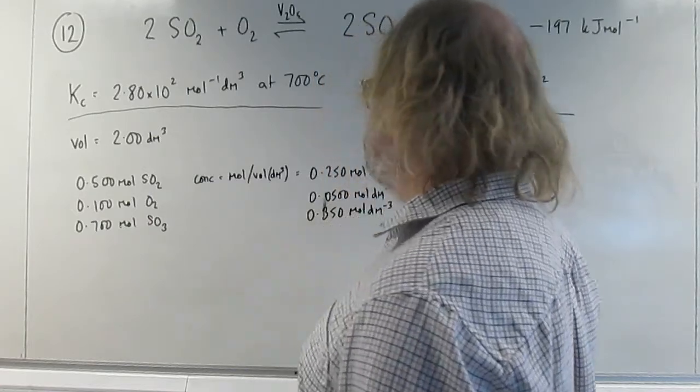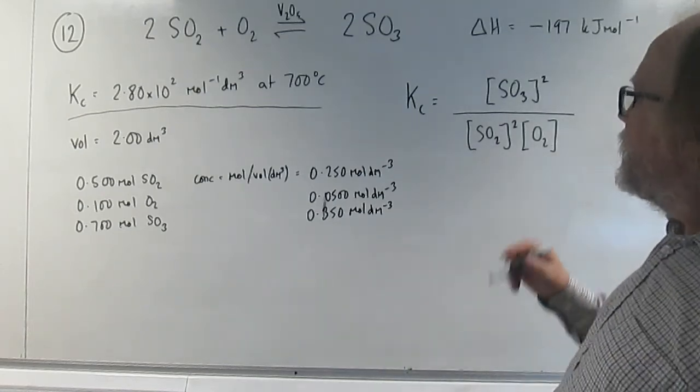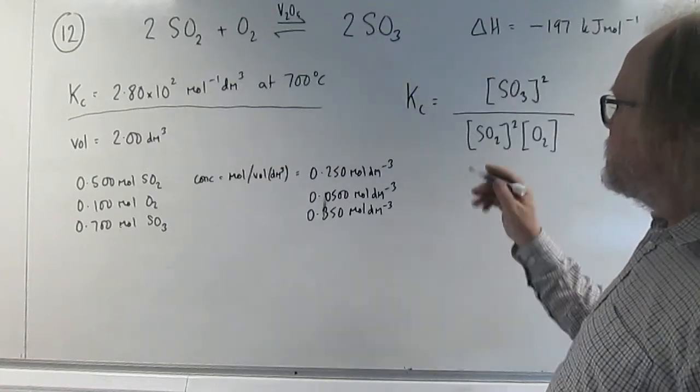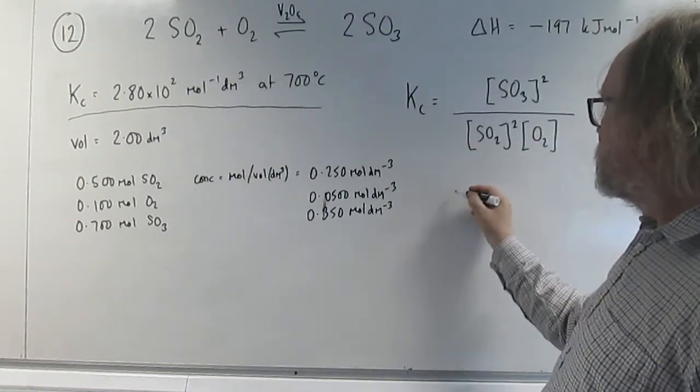So it's not difficult, it's just remembering to do it. That's the important thing there. So you can then plug those numbers into that expression. Now remember, that may not equal Kc, so when we do that, don't write Kc equals that, because it might not.